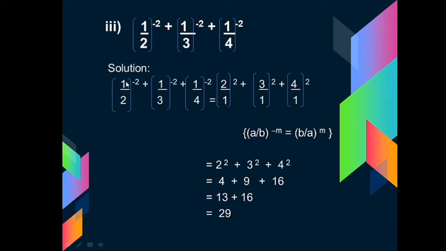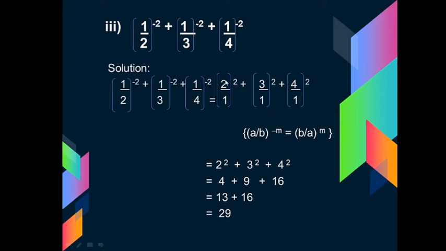So here, 1 upon 2 is written as 2 upon 1, 1 upon 3 as 3 upon 1, and 1 upon 4 as 4 upon 1, and then the exponent becomes positive, that is 2. And as we know, if it is given whole raised to the power 2, this exponent applies to both the numerator and the denominator.